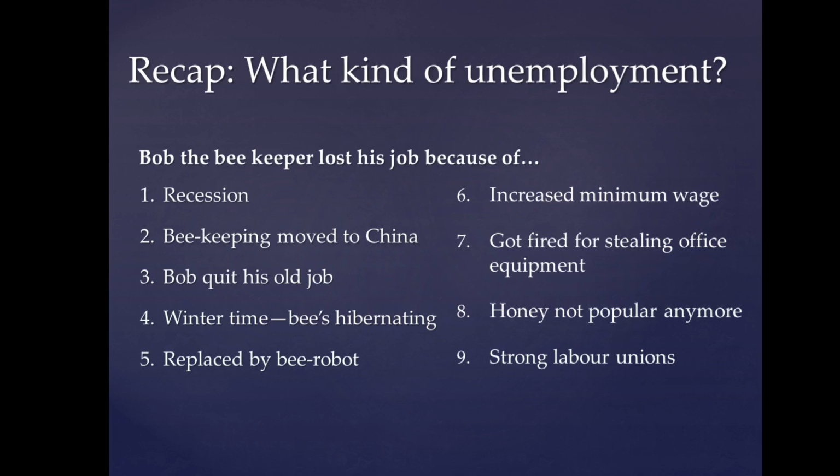But at the same time, you have to think about this. I would say it's more of a structural unemployment than a cyclical unemployment. Because cyclical unemployment is about the decrease in demand in all general goods and services, and right here, we are only talking about the bees.